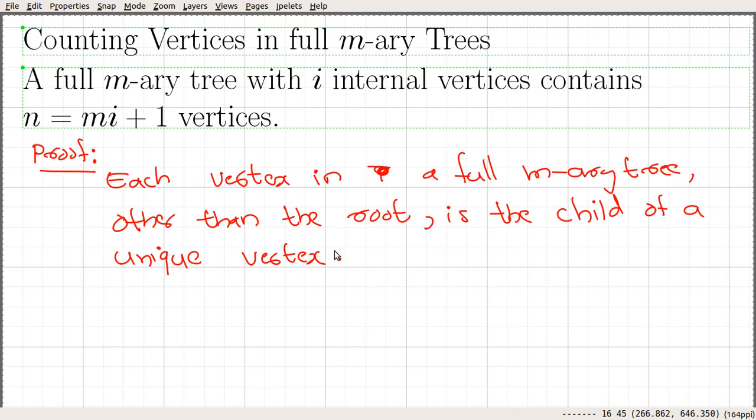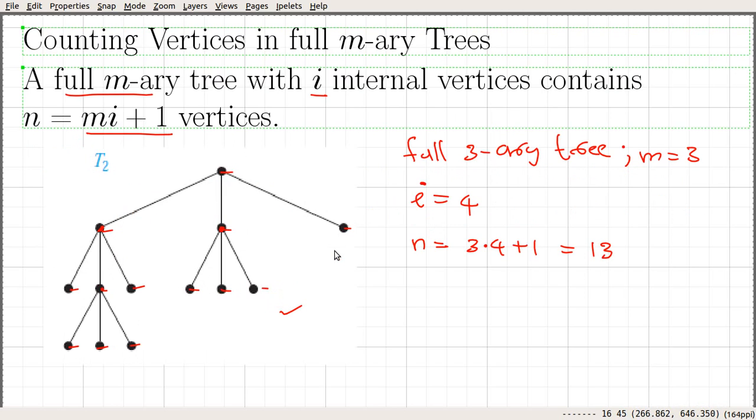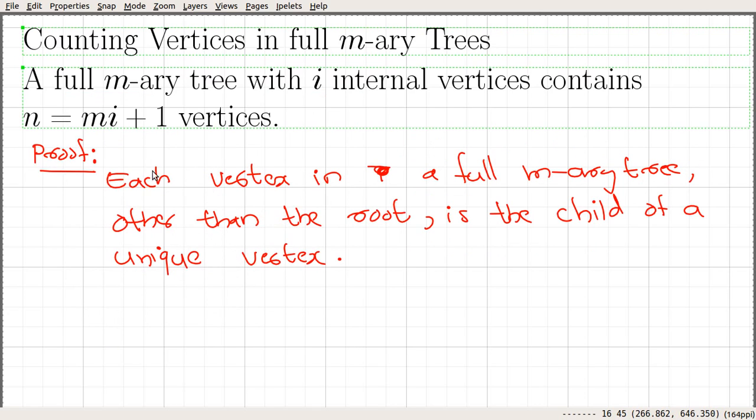It's a child of its parent. If you look here, it's a child of this vertex, a unique one. Similarly, if you look here, this particular node is a child of this one, and the parent is a unique vertex. So that is true for every vertex other than the root.